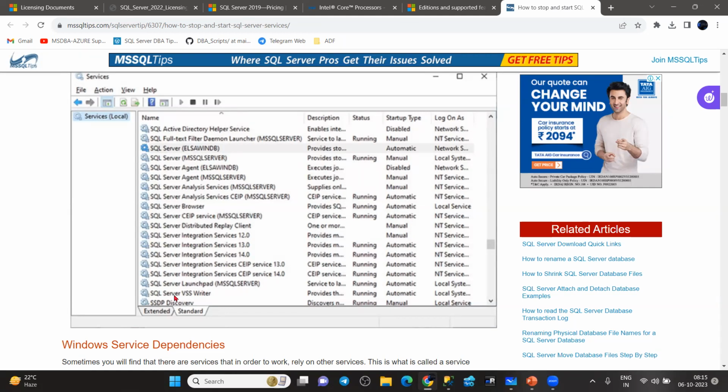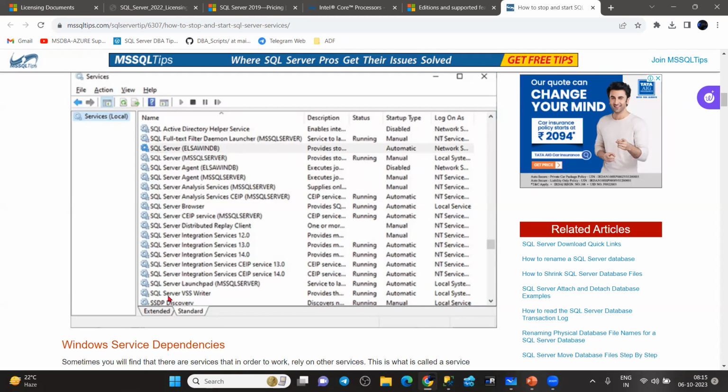The VSS Writer will help you a lot when you are using a third-party backup tool. In the real world, we use third-party backup tools like Commvault, Veritas NetBackup, and Redgate. These tools interact with your SQL Server using the VSS writer in the backend.